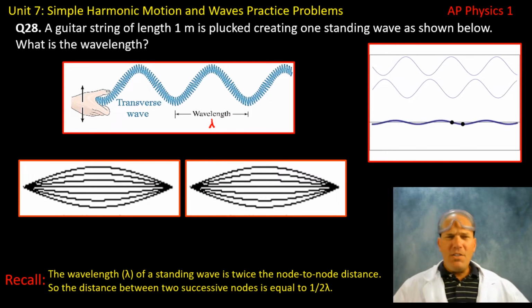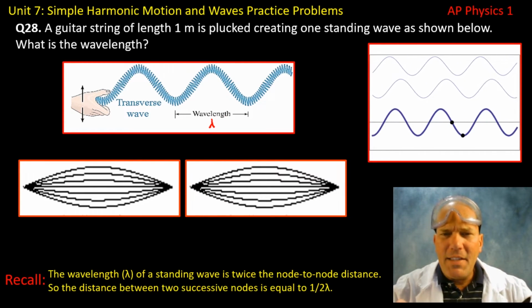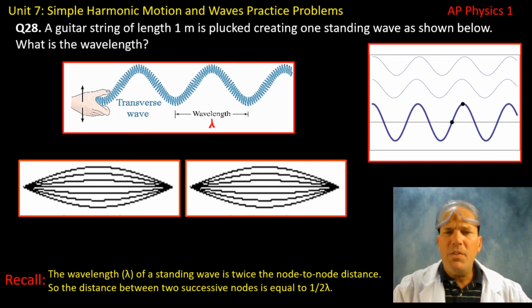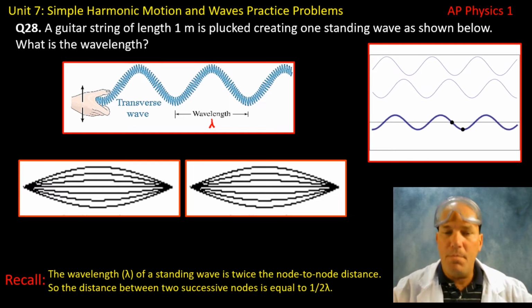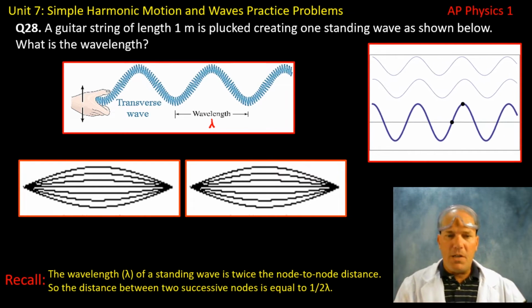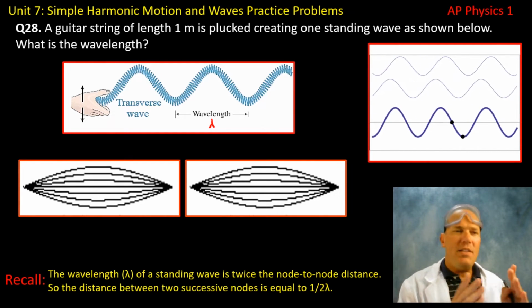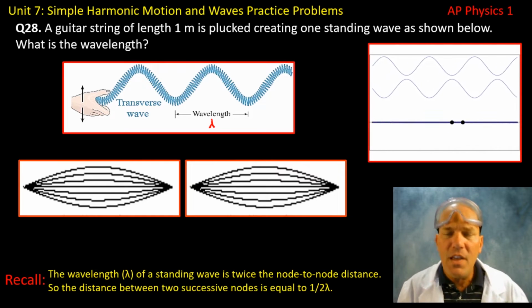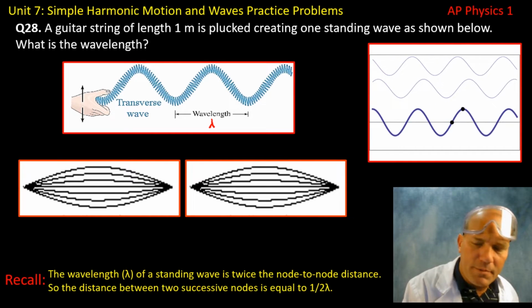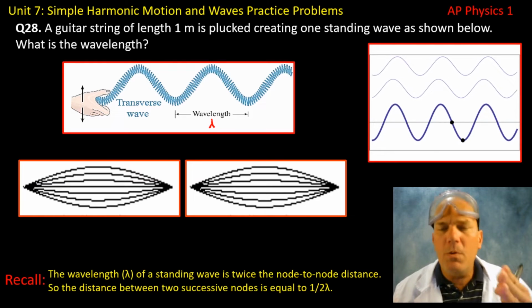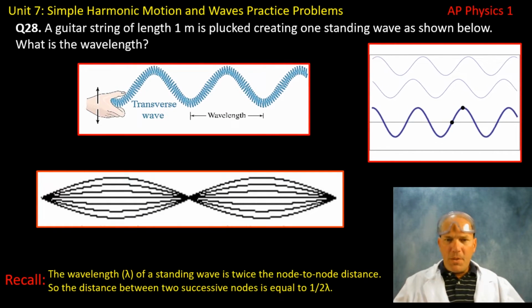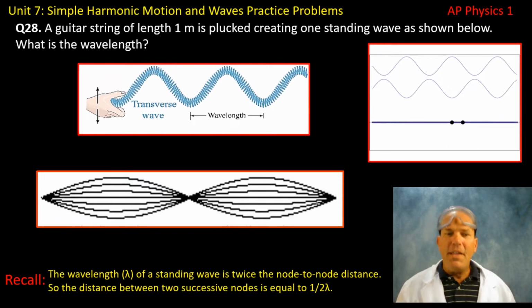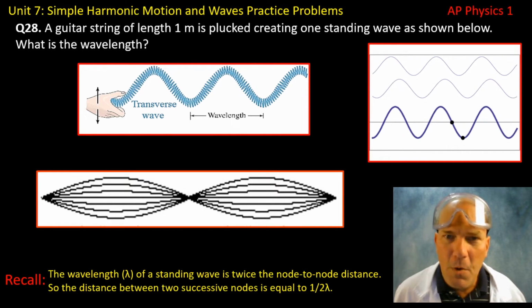So I want you to look at these two diagrams here of the 1 meter string that has been plucked. And I'll put a second one in there as well because I want to give you this visual representation as we move forward into more complex problems. Well, as you can see, if I put them together, hey, that is a full wavelength.